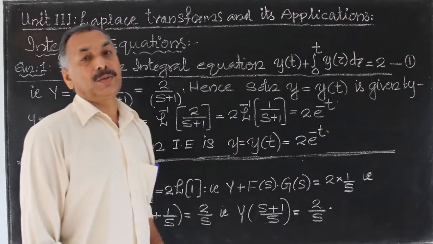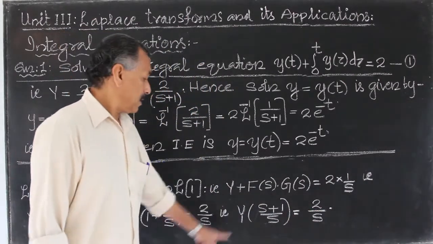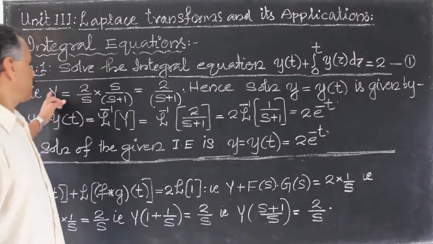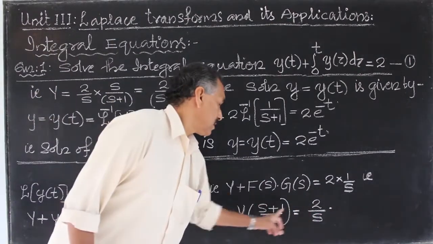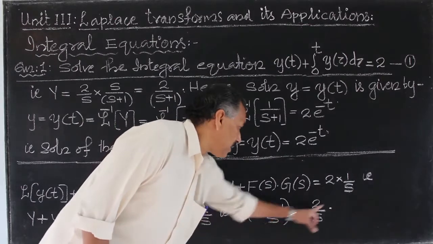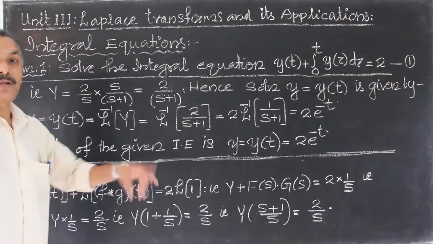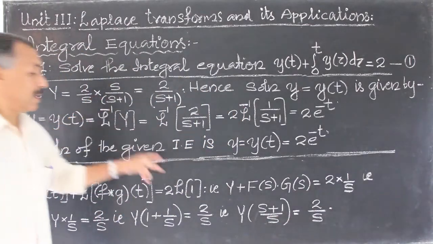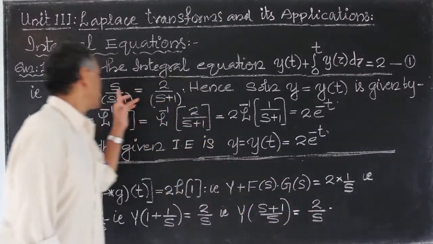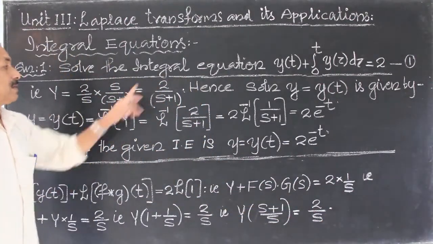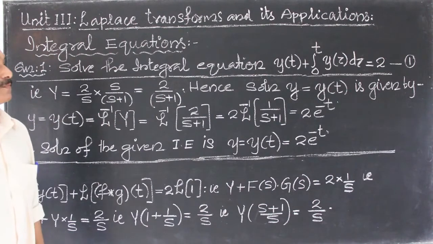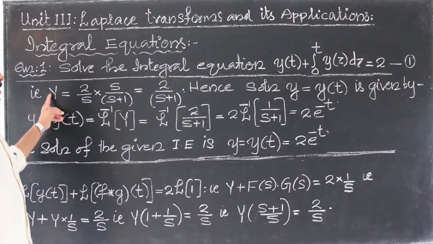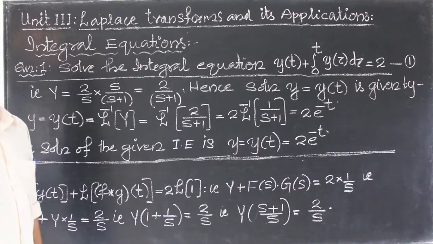Then, bringing this term to the right-hand side, s in the numerator and s plus 1 in the denominator, Y is equal to 2 by s into s divided by s plus 1. S cancels, so Y is equal to 2 divided by s plus 1.